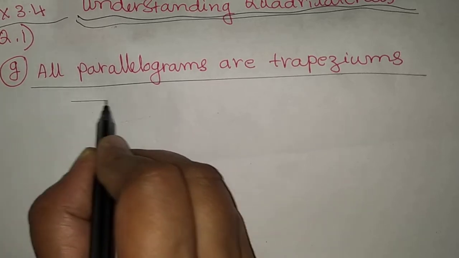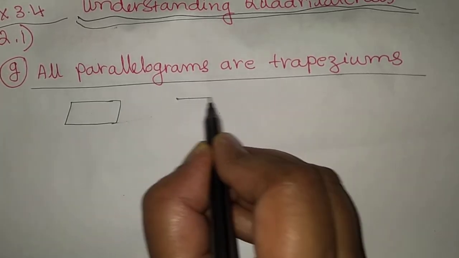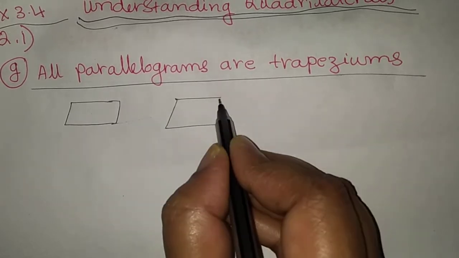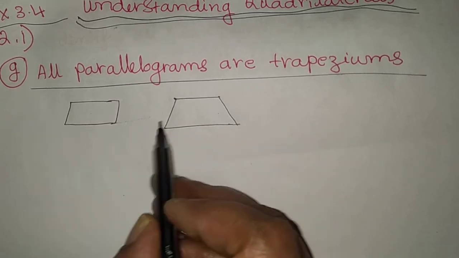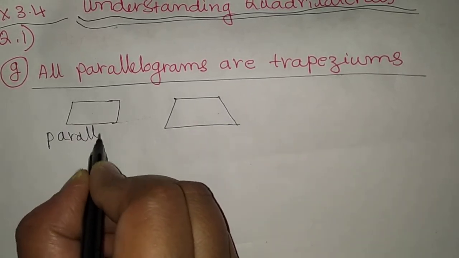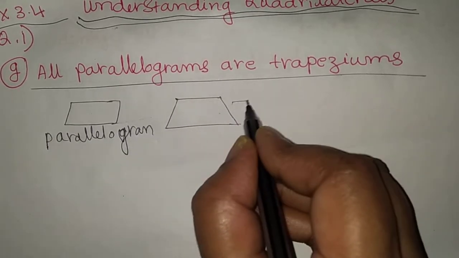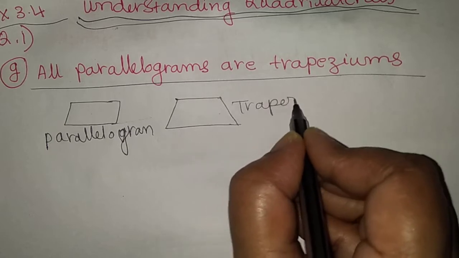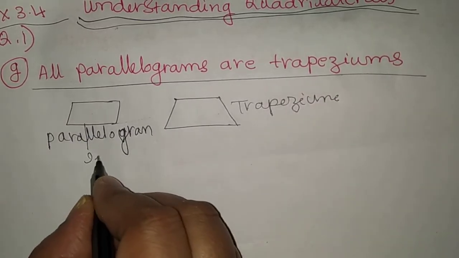So see, this one is a parallelogram and trapezium I'll write. This is a trapezium. A, B, C, D you can name. So the first one is a parallelogram. Then this is a trapezium. This one is a quadrilateral.